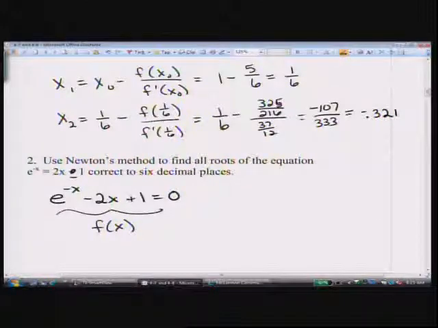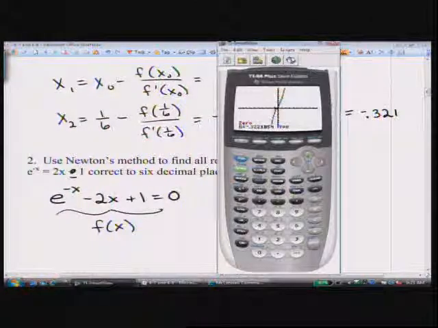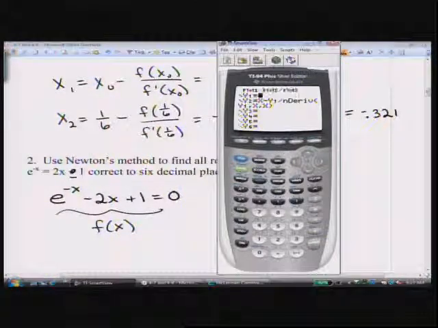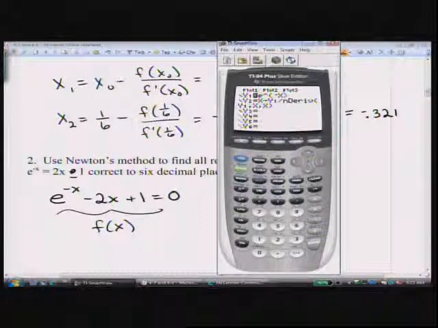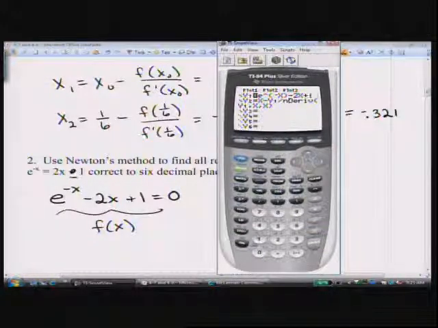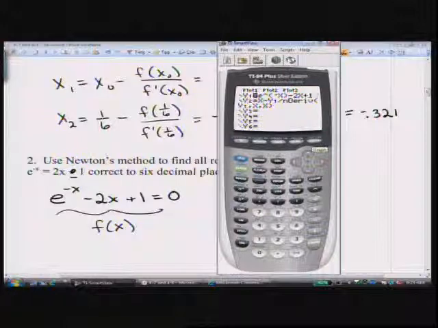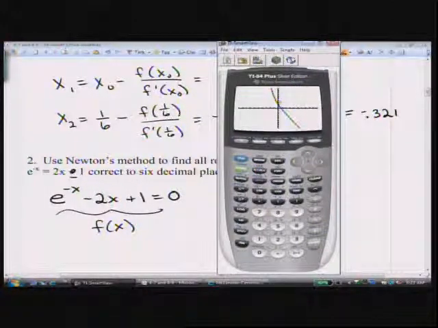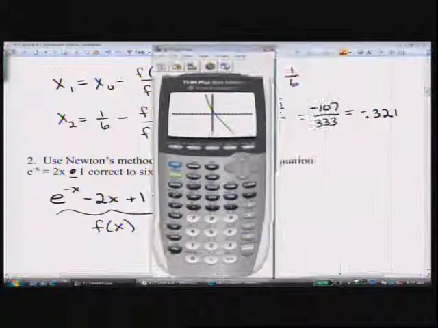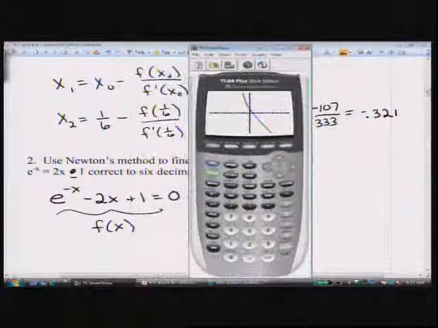So now that we have our graphing calculators that we can use as tools, let's go ahead and do this with our calculator. I'm going to go to y equals, and type just the function into y1. So I do second e, negative x, minus 2x, and then plus 1. Now, in order to get a place to start, I look at the graph and think it might be smart to start at about 1.